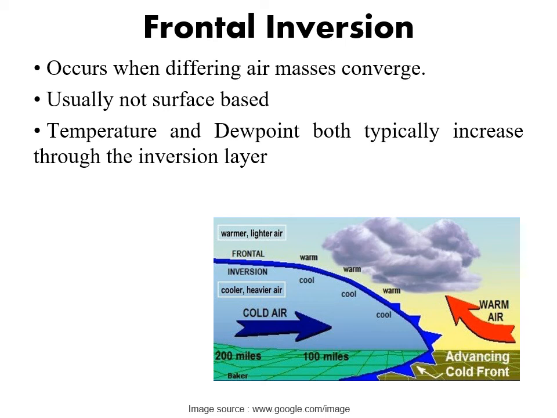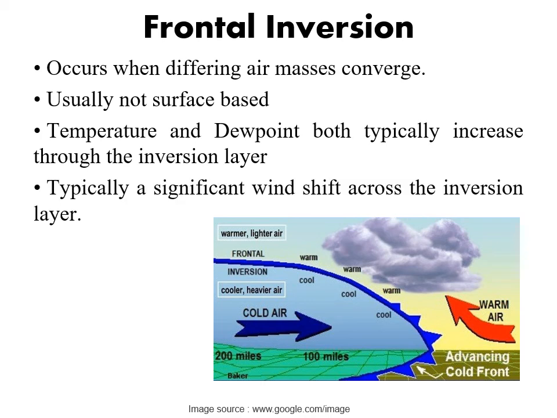Alternatively, a similar type of inversion is also created when a warm air mass overrides a colder one and forms a warm front. So of both types of temperature front, one is the warm front and another is the cold front, and warm air and cold air converge with each other.